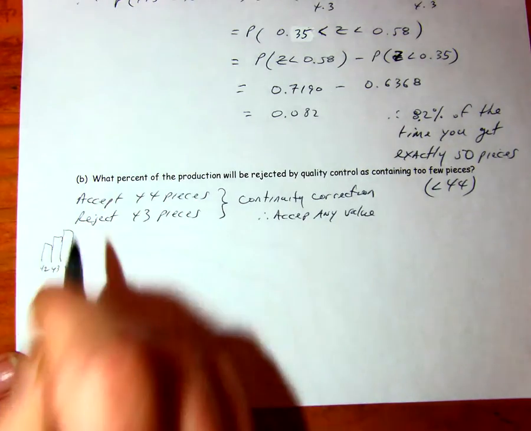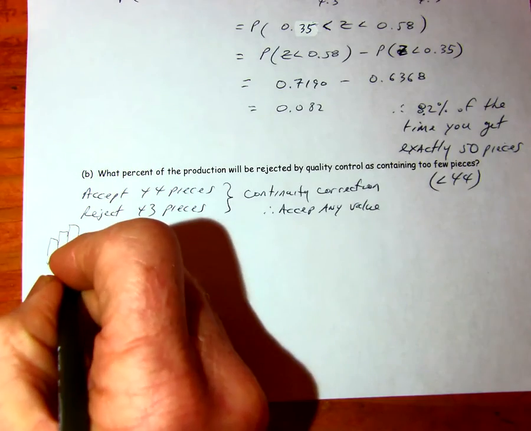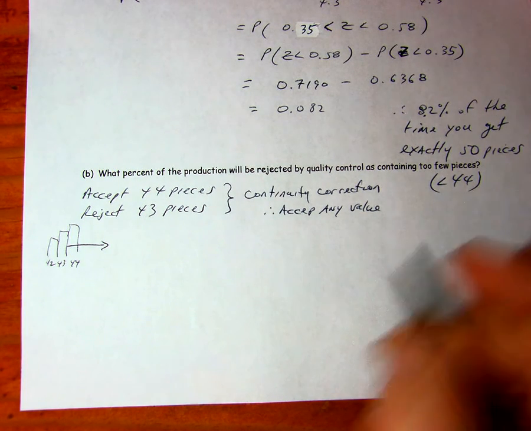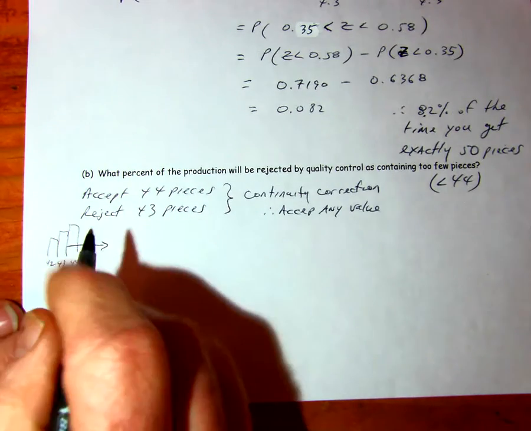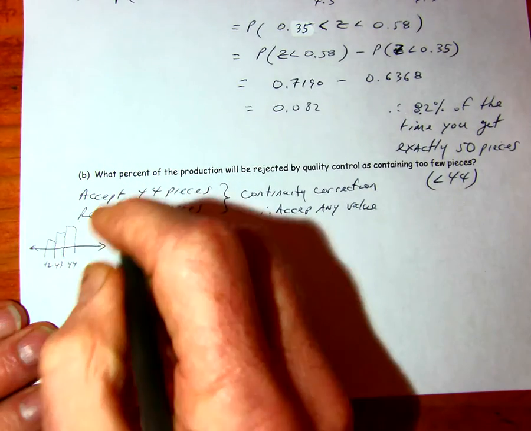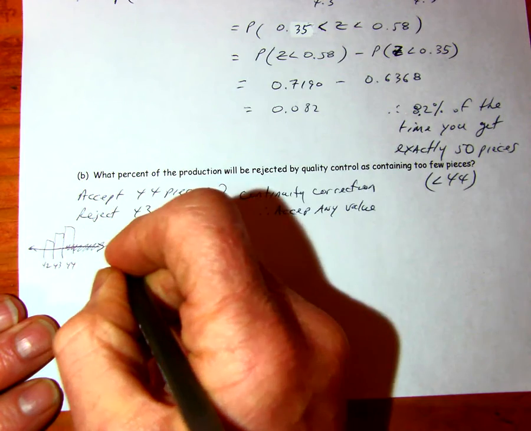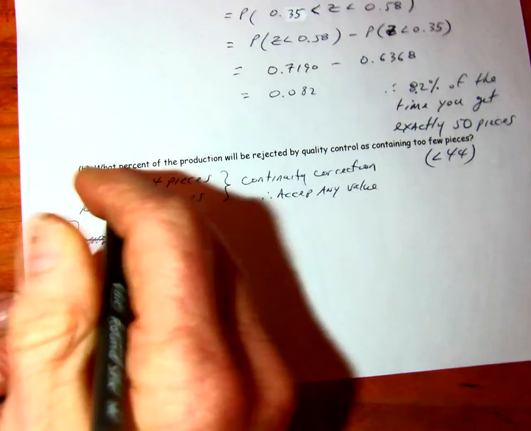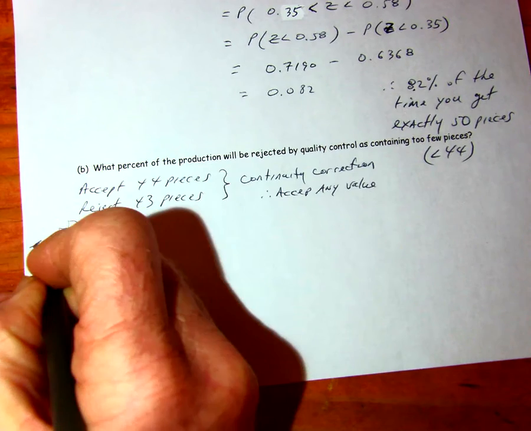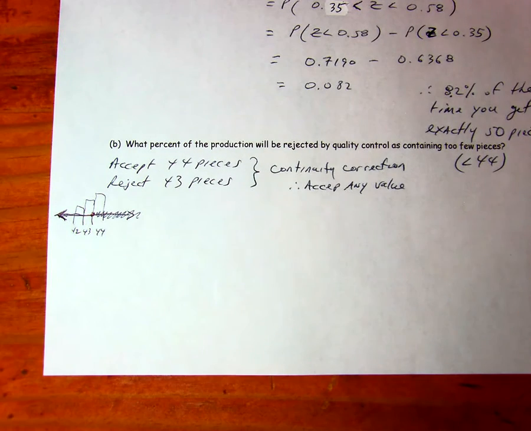We want anything 44 or above, but we're looking at the ones containing too few. So it's actually the other way: we're looking at anything less than 44. So we start there. What's our definition of having too few?